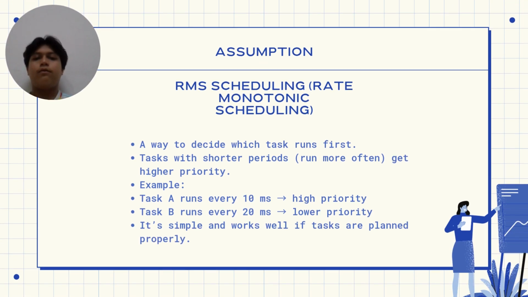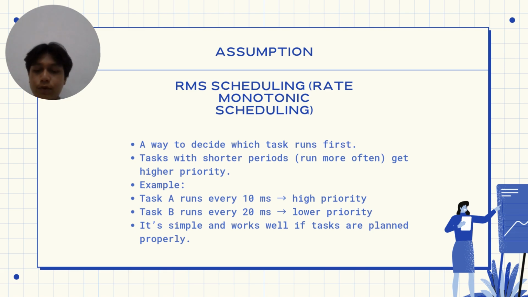Okay, the last assumption is RMS scheduling, which is known as rate monotonic scheduling. It is a way to decide which task runs first. For this, the task with the shorter period always gets the higher priority.